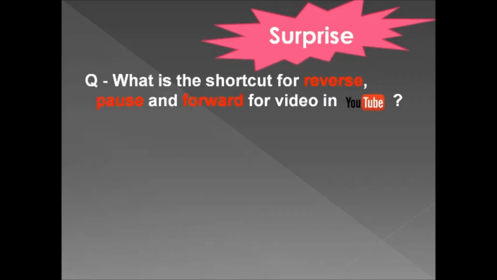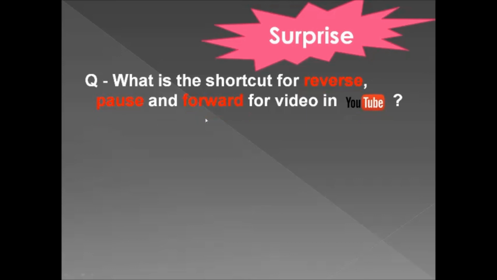Next we have a surprise. And the question is, what is the shortcut to reverse, pause and forward your YouTube videos? Just think over it, how we can reverse, forward and pause our YouTube videos.